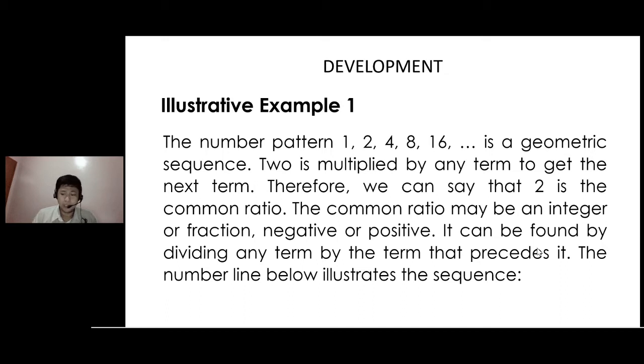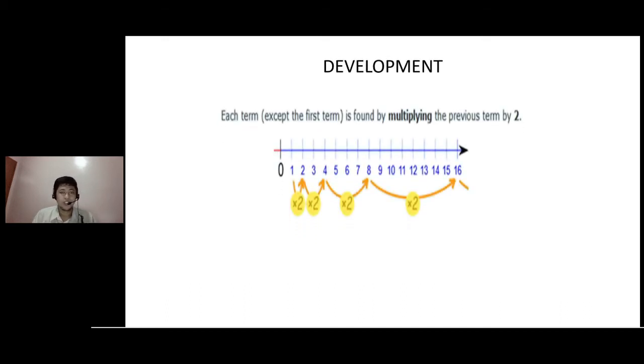The number line below illustrates the sequence. If you look at the number line here, the first term is 1, multiplied by 2, that will give you 2. Next, 2 will be multiplied again by 2 and you will get 4. And 4 will be multiplied by that fixed number, which is 2, to get 8.